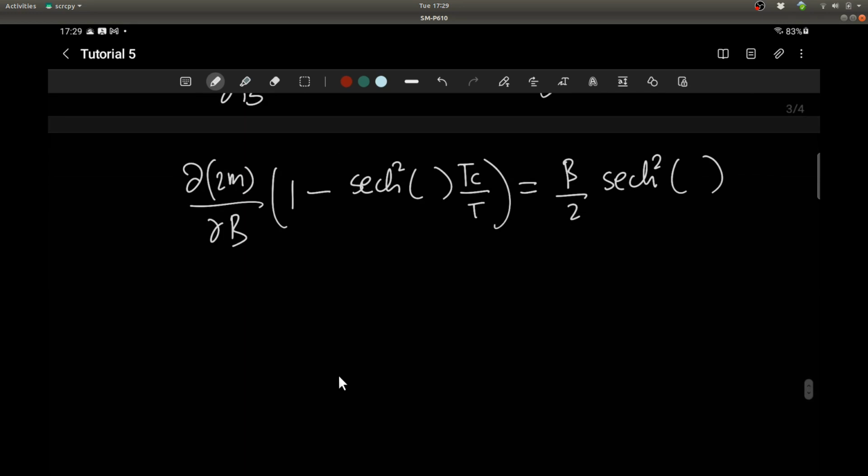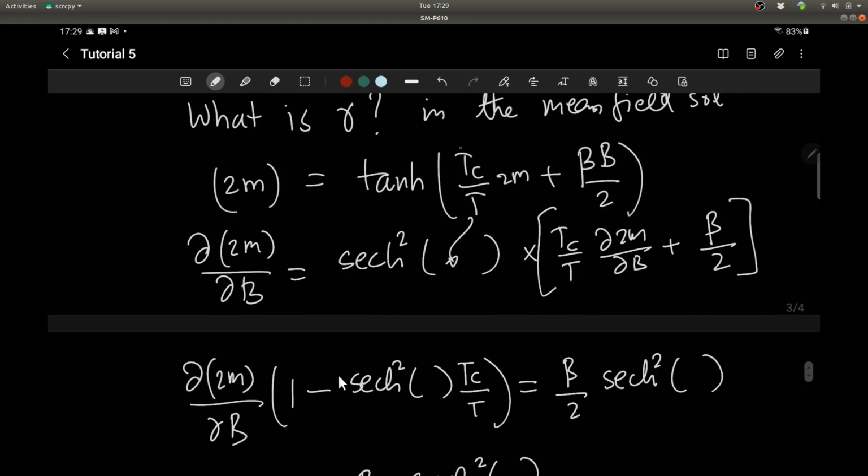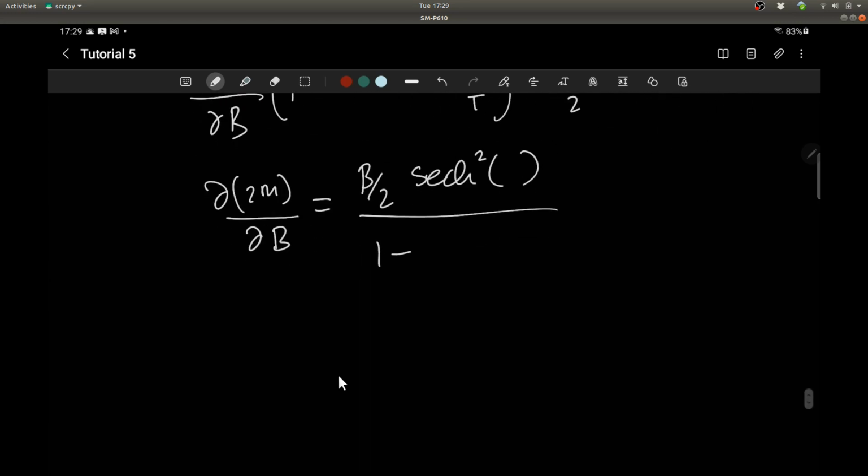So now I get a formula for the derivative, where this bracket is just this whole quantity. I'll put it at the end. So 1 minus Tc/T times, okay, and then we want to set B equal to 0.